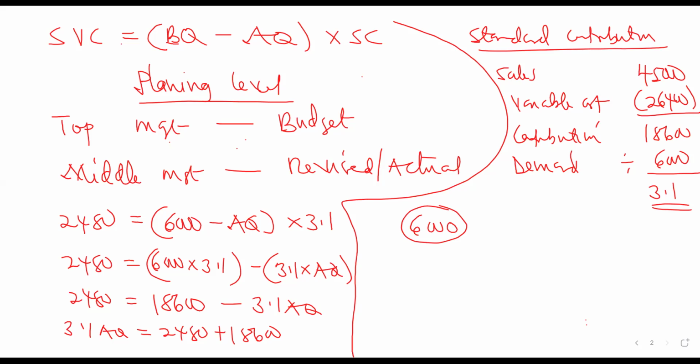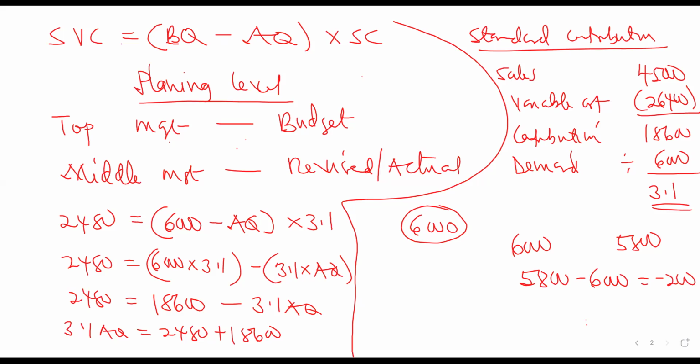Let's say you want to sell 6,000 and you are now selling 5,800. This will be adverse. If you want to calculate the figure to be adverse, it's supposed to be 5,800 minus 6,000 so that you get negative 200.